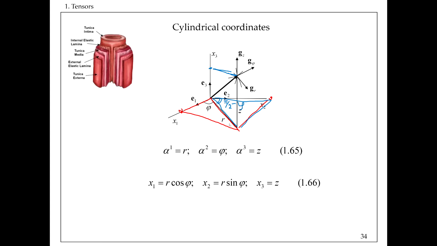They may not look equal because of my poor drawing, but according to simple trigonometry you would conclude that r squared is x1 squared plus x2 squared. For phi, the easiest way is to divide x2 by x1, which eliminates r immediately: x2 divided by x1 equals sine phi divided by cosine phi, so you get the tangent, and then phi is the arctangent of x2 divided by x1.